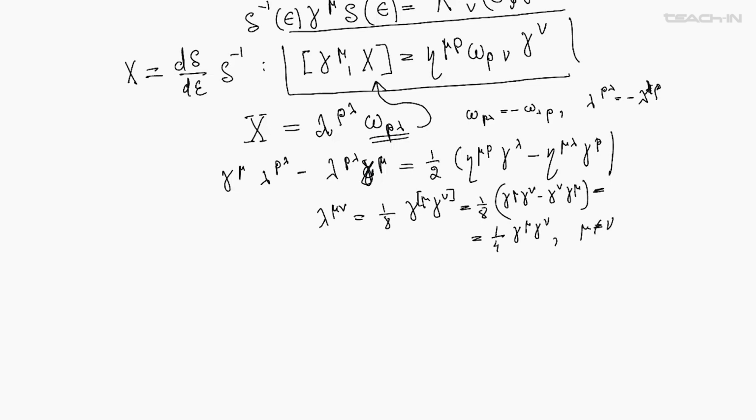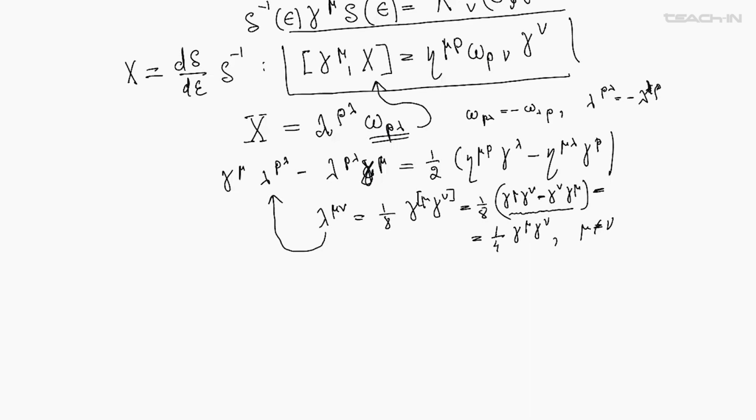This is explicitly taken into account by this anti-symmetrization procedure. You can check that this is a solution by explicitly substituting this matrix into the equation above and using the Clifford algebra relation for gamma matrices. Then you can check that this is indeed a solution.